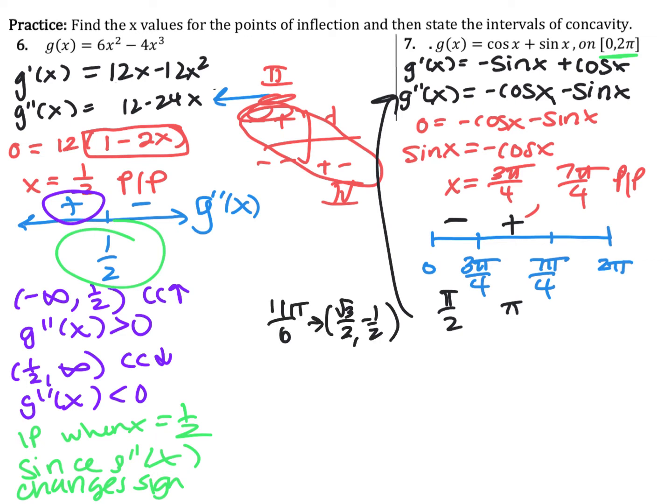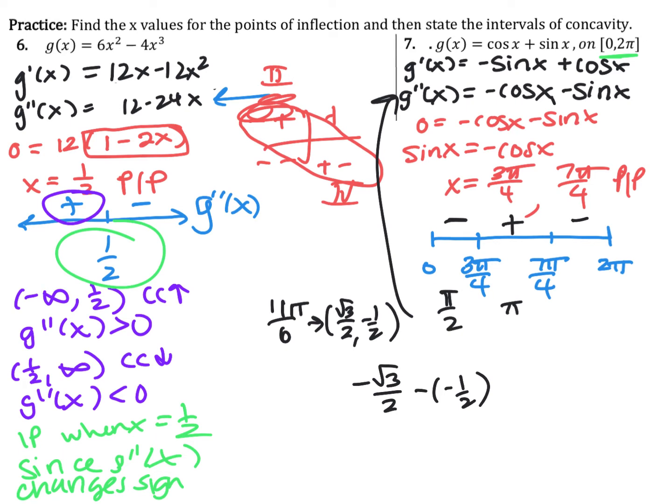And that point would be root 3 over 2, negative 1/2. So the cosine value is bigger. So I would have negative root 3 over 2 minus the sine value. So this is going to be a negative number because root 3 over 2 is bigger than 1/2. This is going to be a negative number.